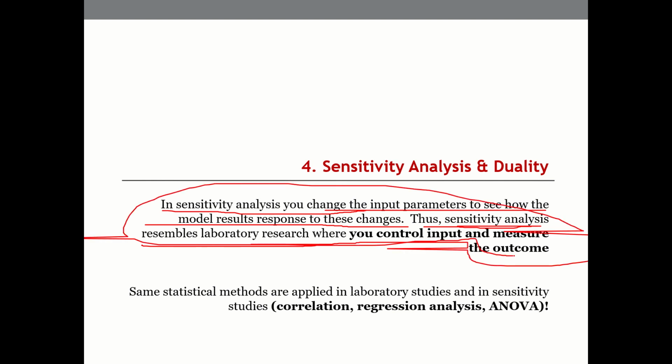This is kind of a trial and error, or a hypothesis: if this happens, will my output be the same, or will there be a difference? By changing the input parameters, we try to see whether we get the required or desired output or not.